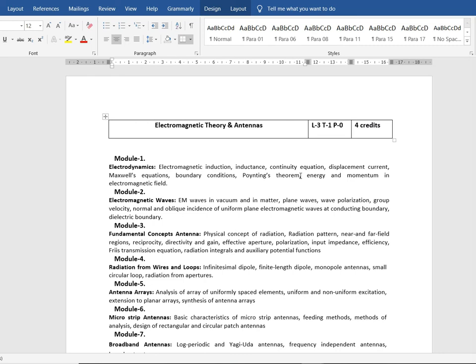Okay, we have module 1: Poynting theorem, which we have completed, EM waves in vacuum, plane waves, wave polarization, group velocity. Normal and oblique incidence of plane waves at conducting boundary and dielectric boundary we have. Okay, we need to go with this.